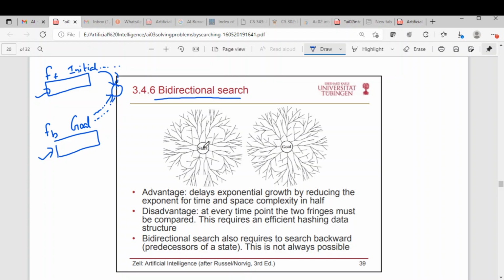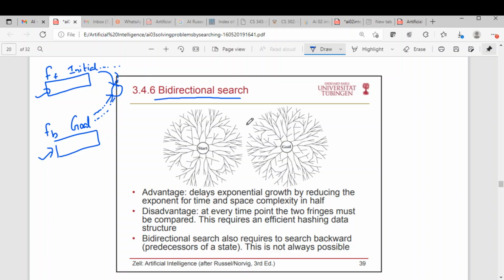The forward search starts from the start state and tries to find the goal state. The backward search starts with the goal state and tries to reach the initial state. But the expected thing is that both searches should meet at one point. Then we will get the solution.